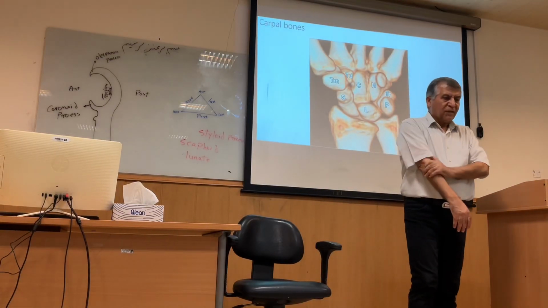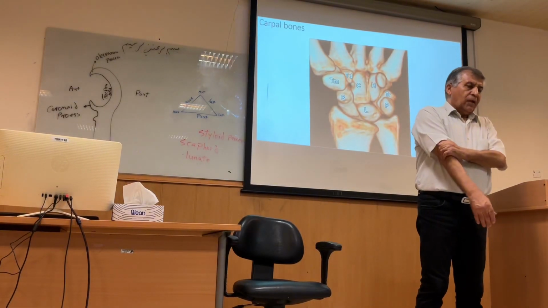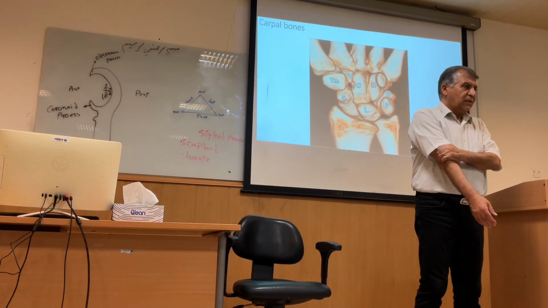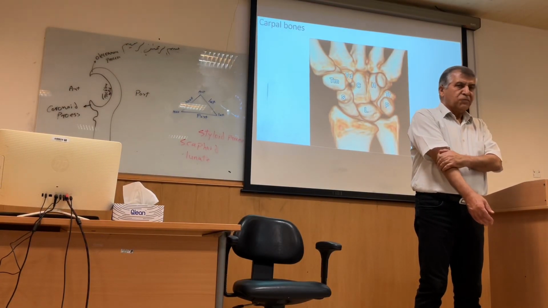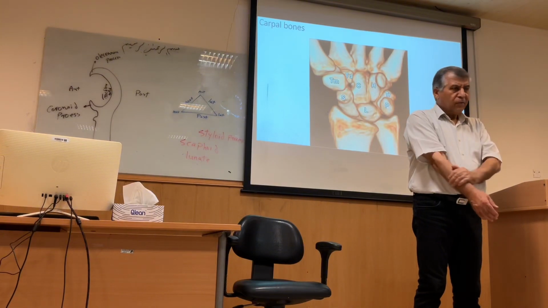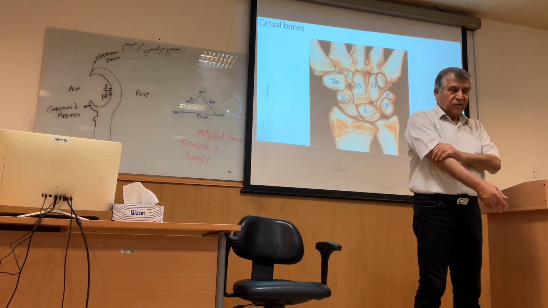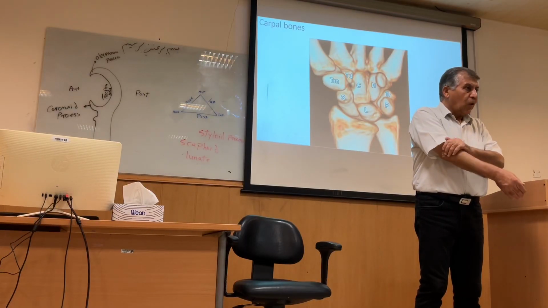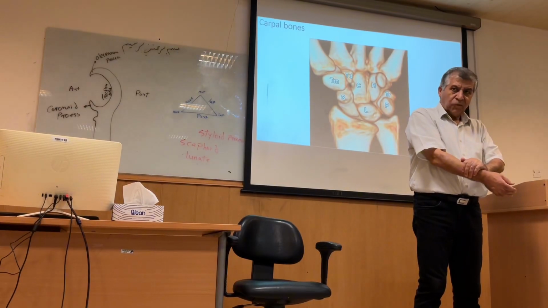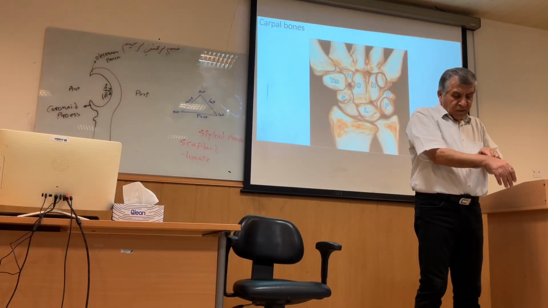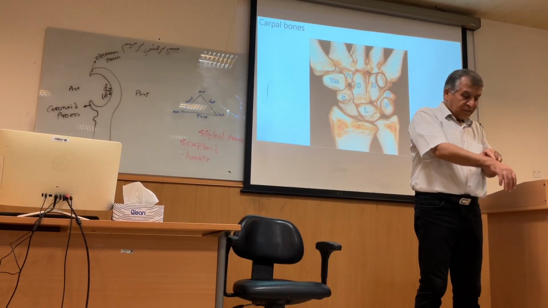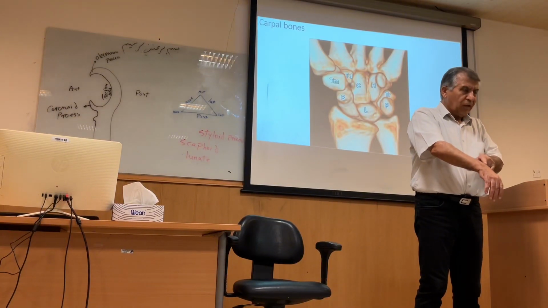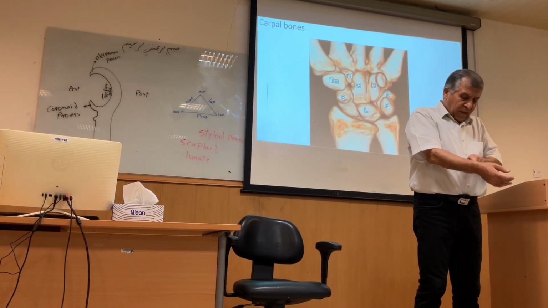Which part of the radius is palpable, is touchable? Which one? Posterior part? All parts of the radius are covered by muscles, except this process, the styloid process, and this tubercle, the dorsal tubercle.